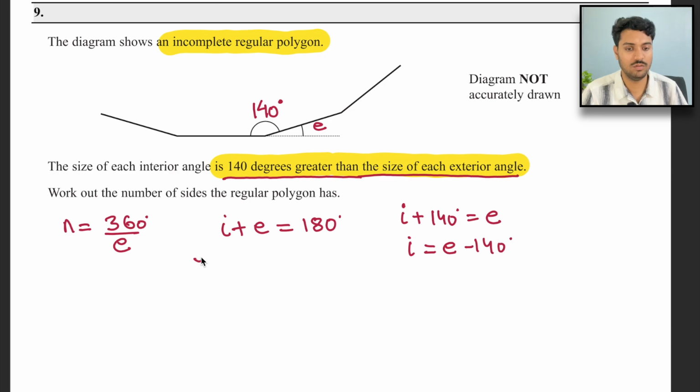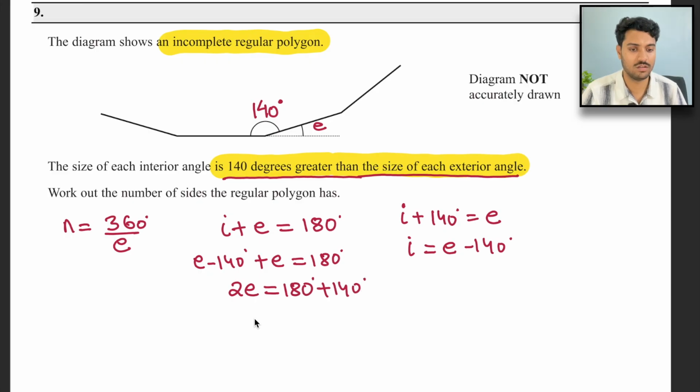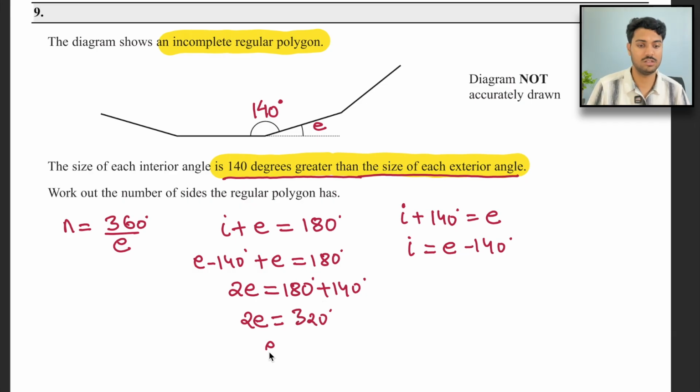So E minus 140 plus E is equal to 180. 2E is equal to 180 plus 140, which is 320, divided by 2, which is 160. E is equal to 160 degrees.